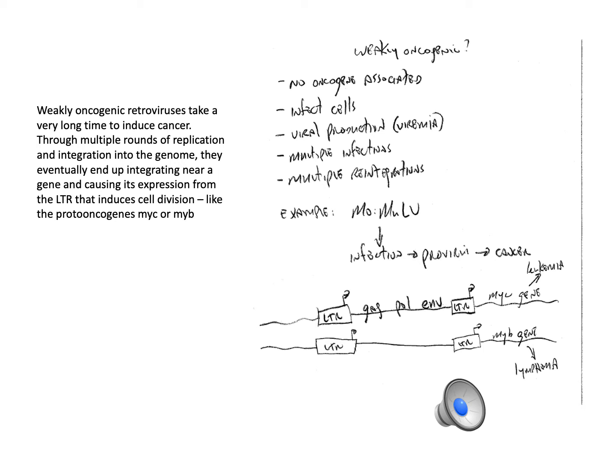Now, these are not targeted mutations. That is, the virus is not entering the cell and immediately integrating next to the MYC gene or next to the MYB gene. What's thought to happen is, because it takes 6 to 9 months, because the virus is going through so much viremia, producing so much virus in the animal, and reintegrating so many times, hundreds of millions of times, it's really just a matter of chance.